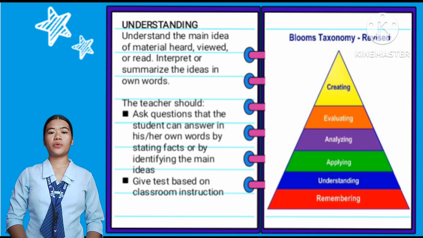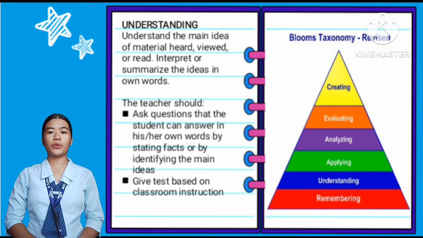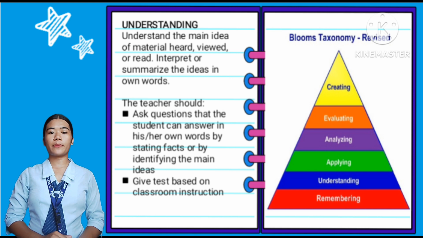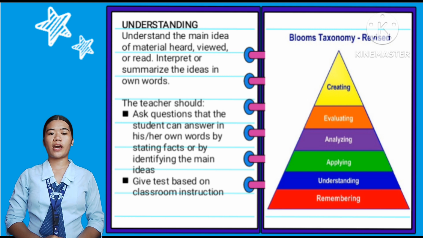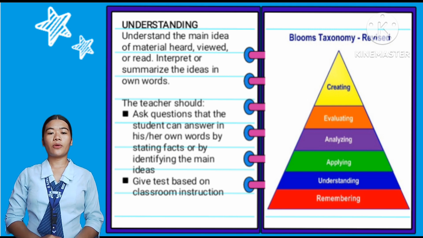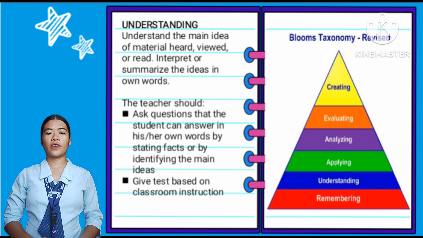So let's proceed to understanding. Understand the main idea of material heard, viewed, or read. Interpret or summarize the ideas in your own words. The teacher should ask questions that the students can answer in their own words by stating facts or by identifying the main ideas. At this level, students grasp the meaning of information.